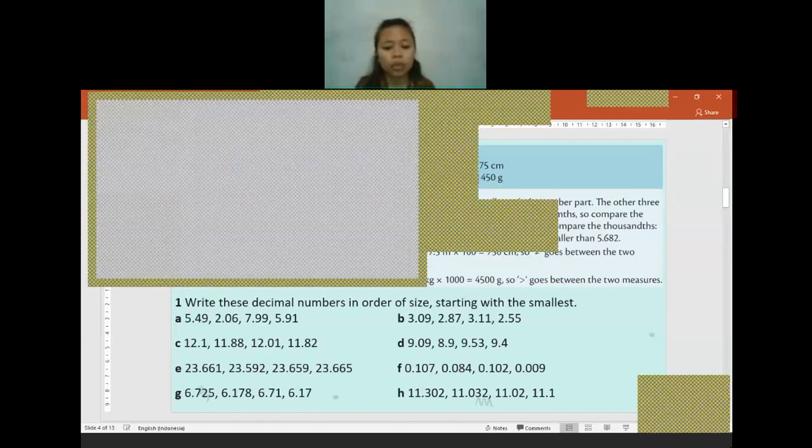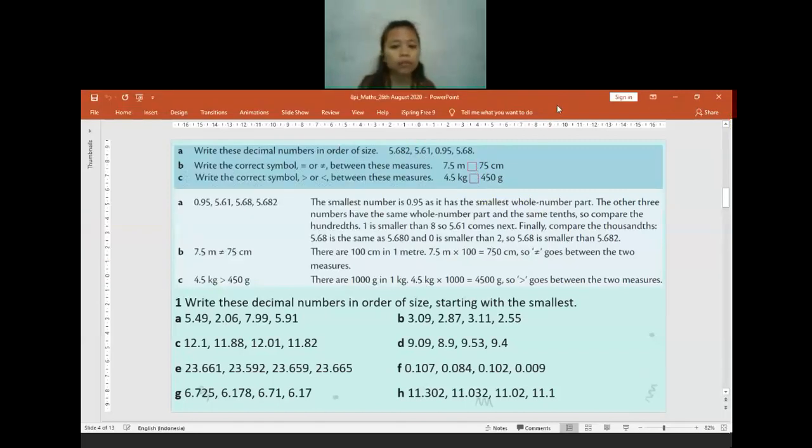Okay. So someone was asking me before I lost my connection about 11.02 and also 11.1, which one is bigger or which one is smaller. In here we can check based on the place value.